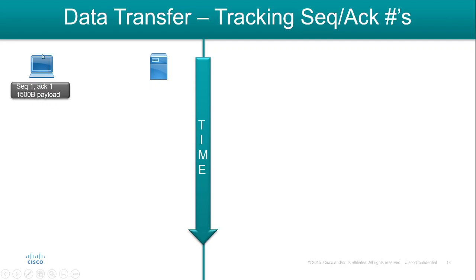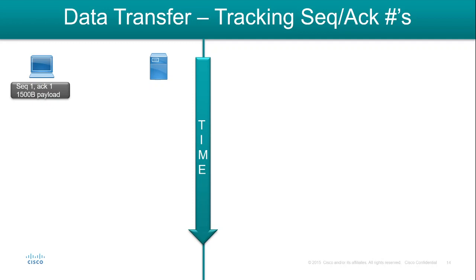To start off, we're going to assume the three-way handshake has now completed based on the previous slides. So the sequence and acknowledgement number are both going to be 1. In the previous example, we had an MSS of 1460. I'm going to pretend that it was 1500 just so that it makes our math a little bit easier and makes this flow a bit simpler to follow.